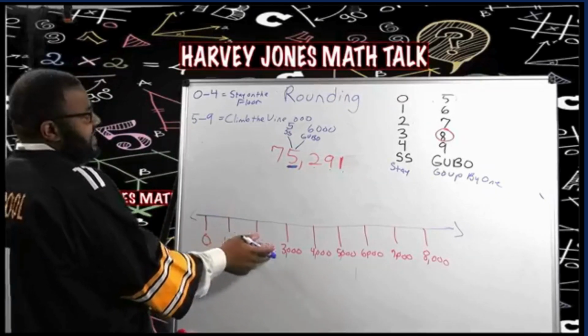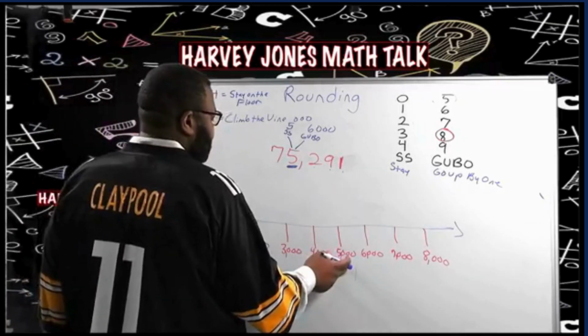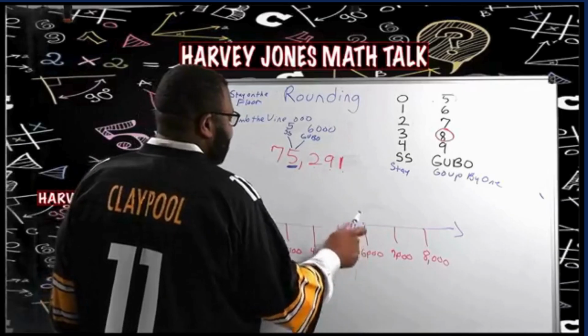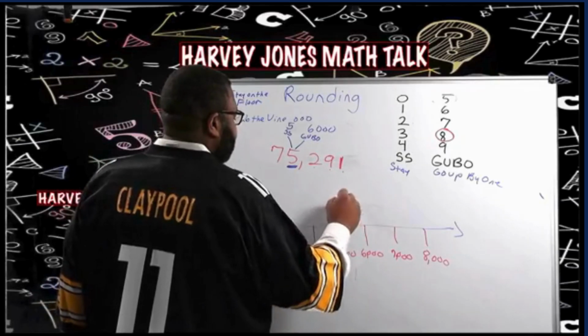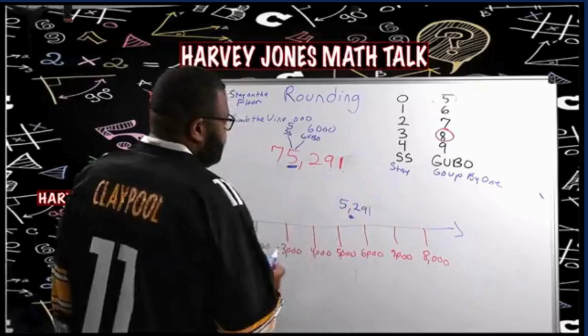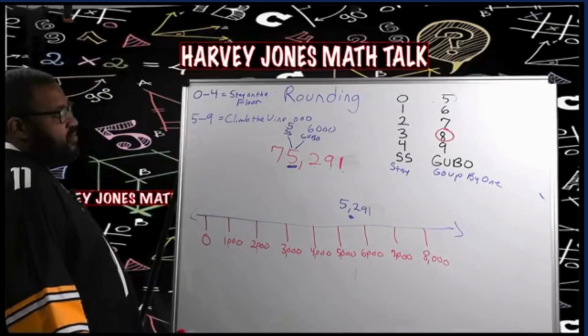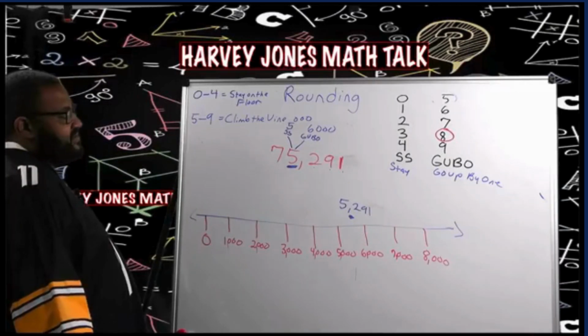No. 2,000, 3,000? No. 4,000, 5,000? No. 5,000, 6,000? Yes. And so you ask yourself, is 5,291 closer to 6,000 or closer to 5,000?